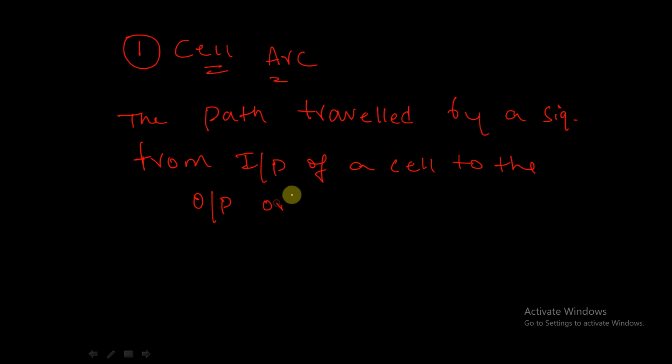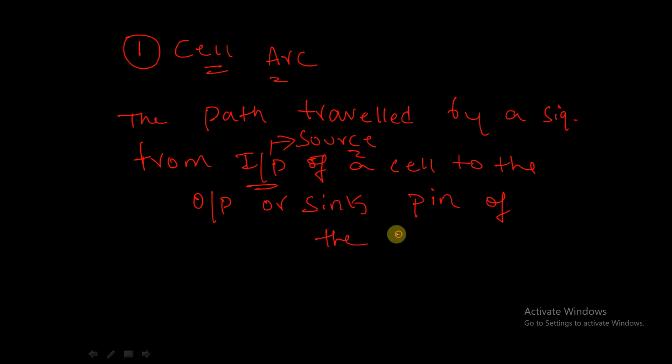We call the output the sink, and we call the input the source also. So it goes from input or source to the output or sink pin of the cell.